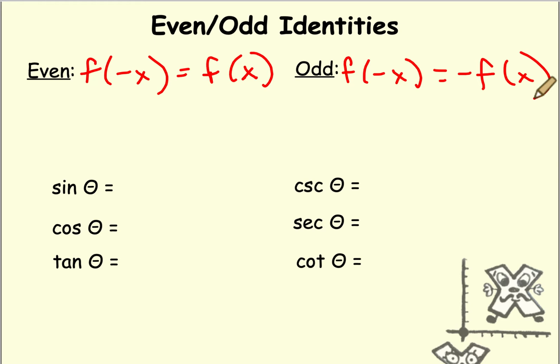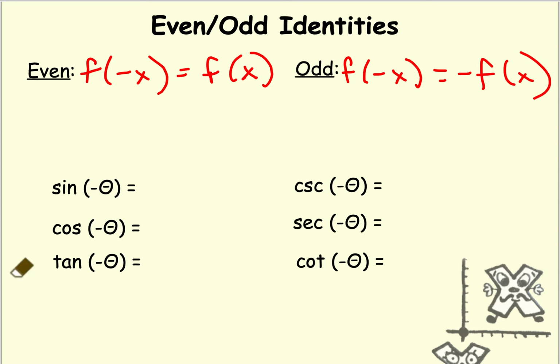Okay, so out of these 6 basic trig functions, only 2 of them are even, and that's cosine and secant. So what that means is, if I evaluate the cosine of a negative angle, it's exactly the same as the cosine of a positive angle.